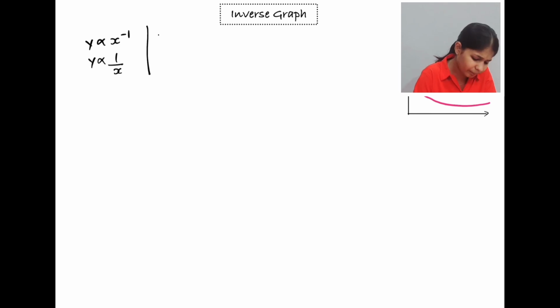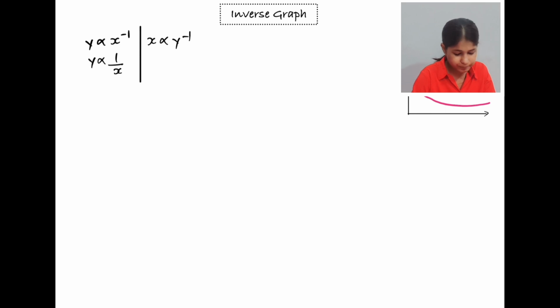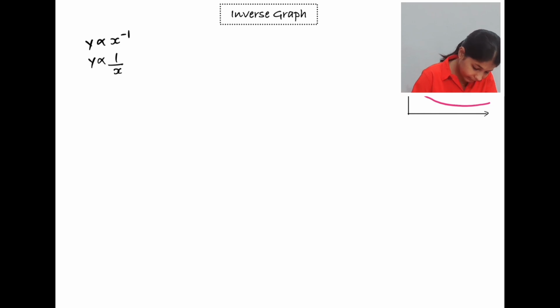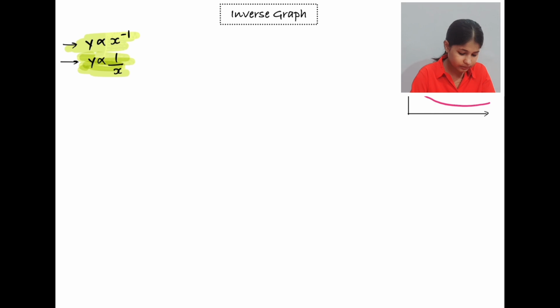In the same way, x is directly proportional to y to the power minus 1. Sorry, it will not be like this, but these two things are important. These two are important aspects.